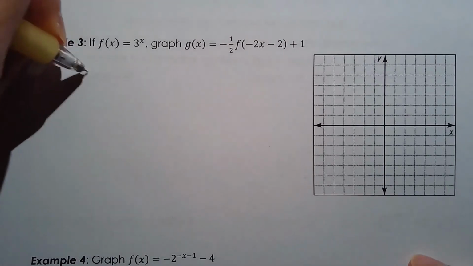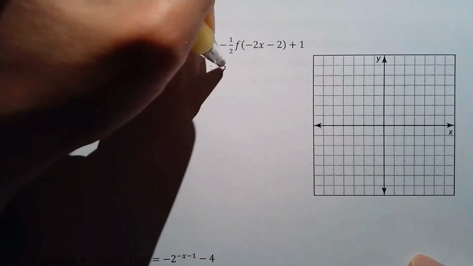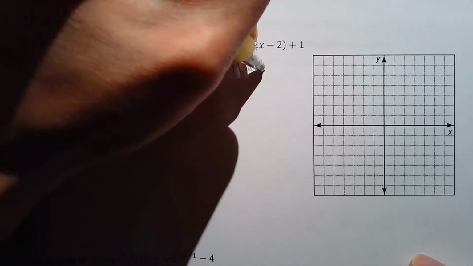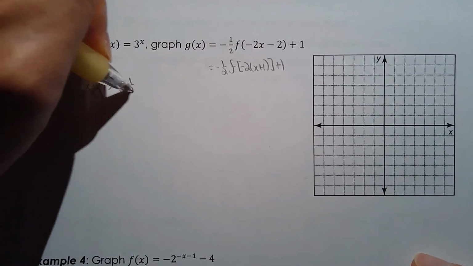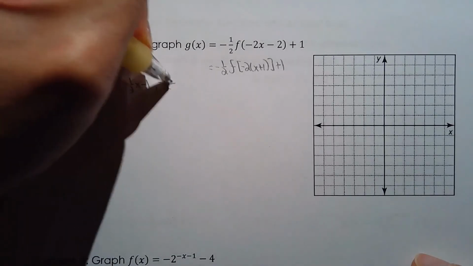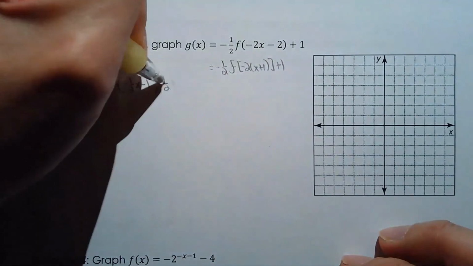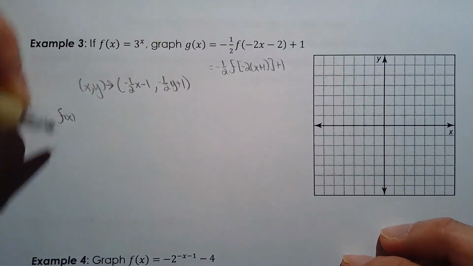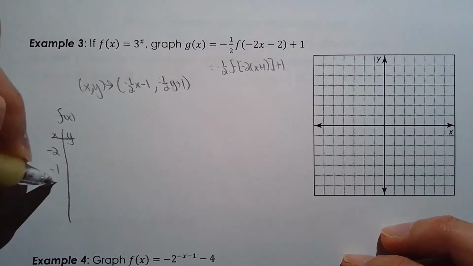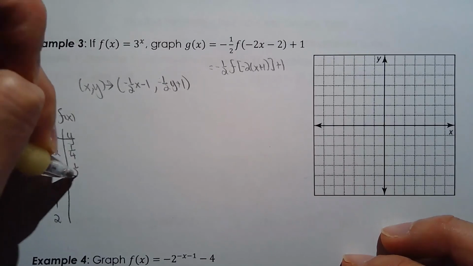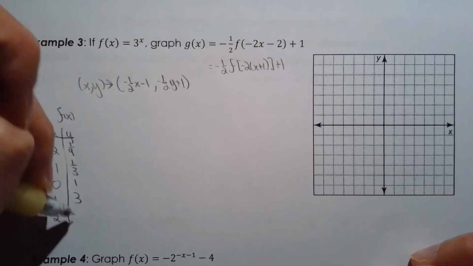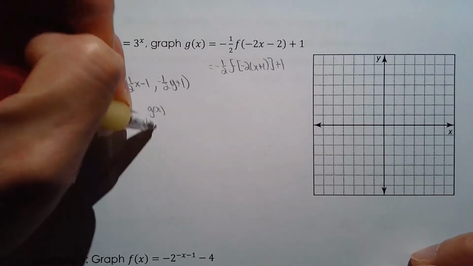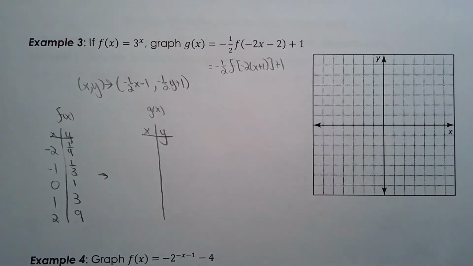Let's factor out k. Oops, 1/9. So I already know that the horizontal asymptote is located at y equals 1 because there's a vertical translation 1 unit up.